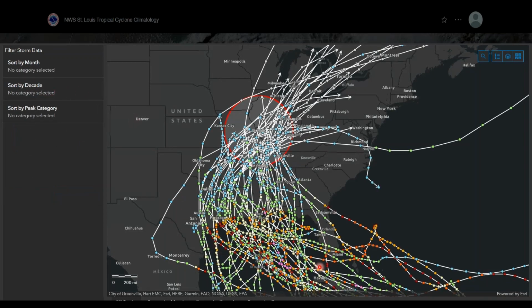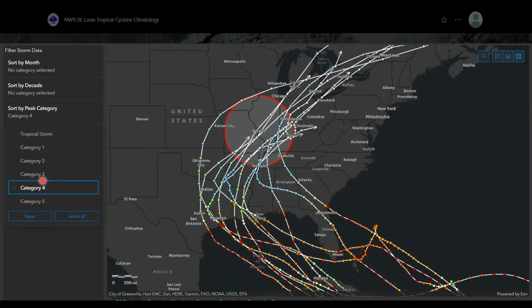Once we've reset that, now back to the original data set that we had, I also wanted to bring attention to being able to sort by category as well, which was a really cool feature. So if you wanted to look at all category 4s, now you can look at them just by themselves.